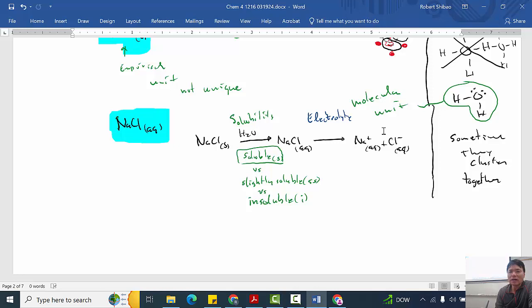As far as electrolytes go, we have three categories. We have strong. Strong electrolytes dissociate into ions, near complete or complete. So I'll just say near complete dissociation. So the entire lattice is torn apart in this case. Then we have weak.